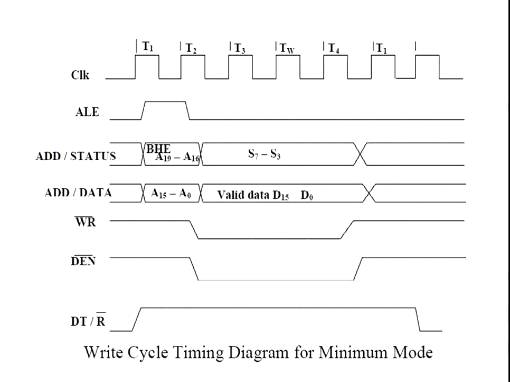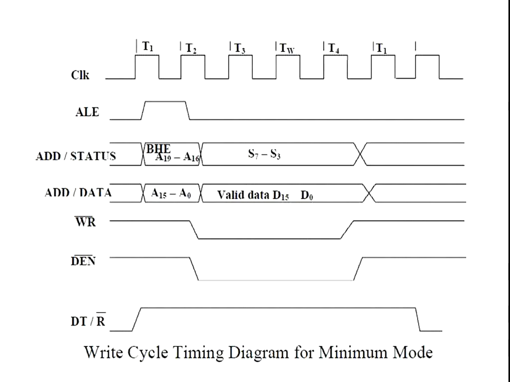The data remains on the bus until the mid of T4. You can see in the figure, the graph, that till the mid of T4, the data remains on the bus. Then the WR bar signal, which is an active low pin, becomes active at the beginning of T2.